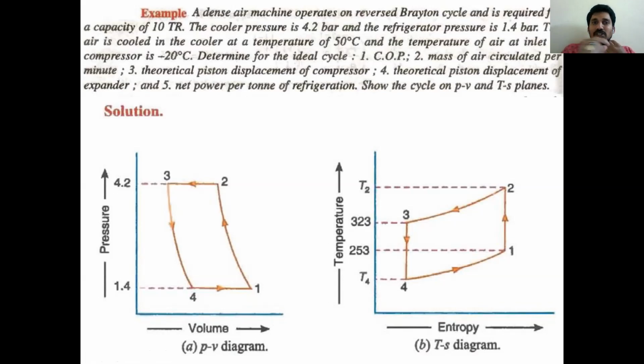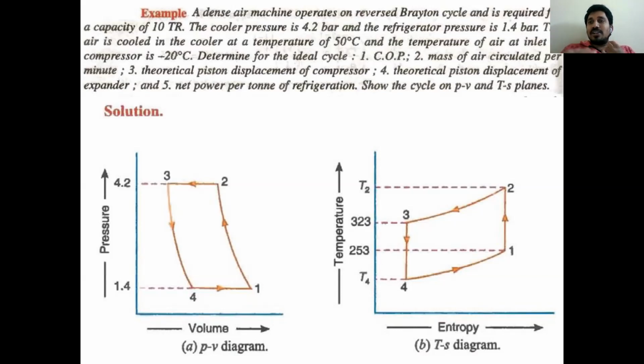We have only two temperature limits. What are they? The first one, read in the third line: the air is cooled in the cooler at a temperature of 50 degrees Celsius. Cooled means after the heat exchanger. Before entering the heat exchanger from the compressor, it is ready to reject heat.